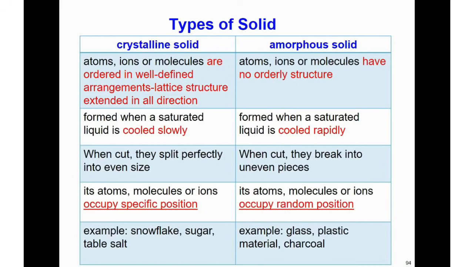Examples of crystalline solid are snowflake, sugar, and table salt, while examples of amorphous solid are glass, plastic material, and charcoal. So the conclusion here, both amorphous and crystalline solids may look alike in terms of appearance, but they are different from each other in terms of their physical properties.